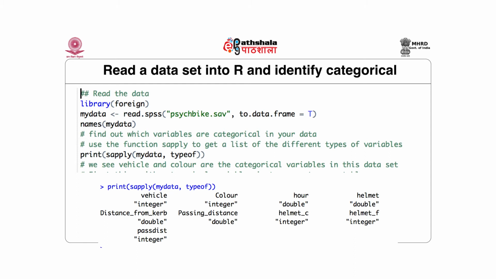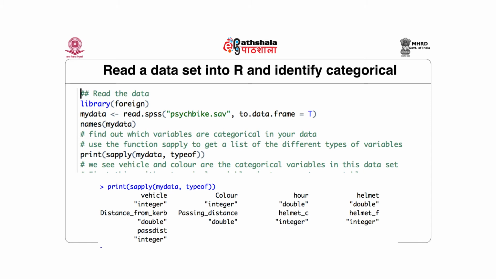There is a function called typeof. If you pass an object to typeof, the function will take as an argument the name of that object or entity, and typeof will return what the type of that object is.